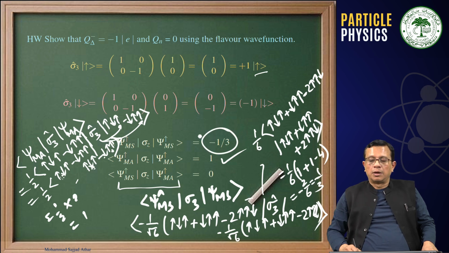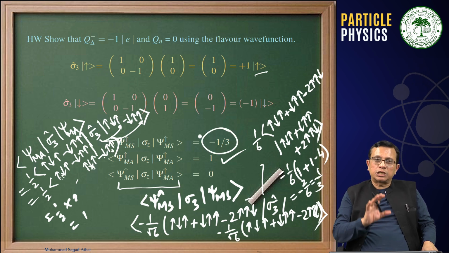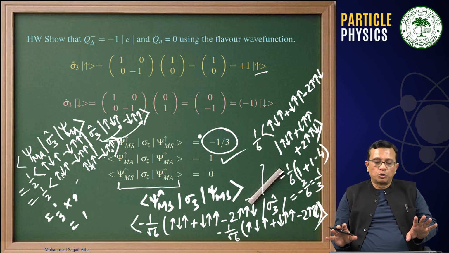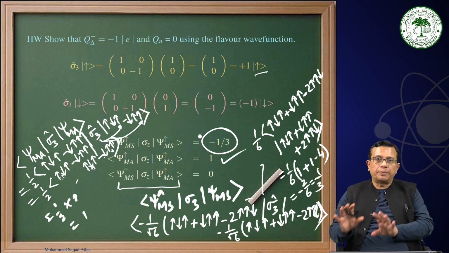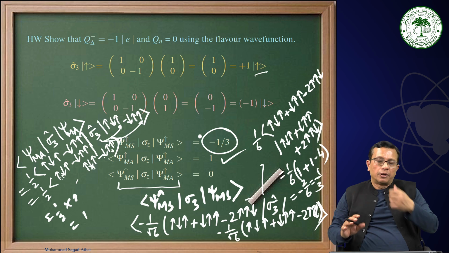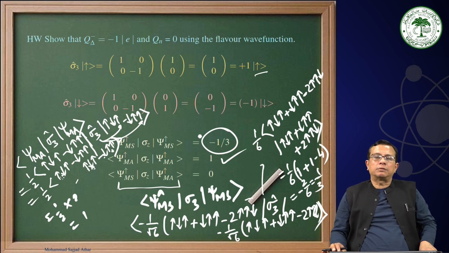And this is the minus 1 by 3 we are talking about. Therefore, if we are talking about spin half objects where we have two possibilities, mixed symmetric and mixed antisymmetric wave function, we can evaluate the expectation value corresponding to the spin operator.